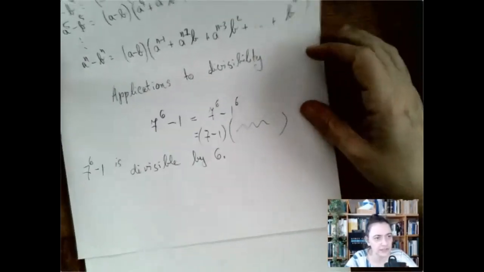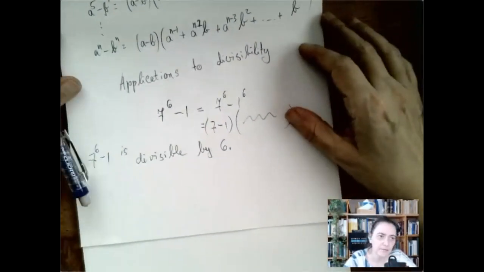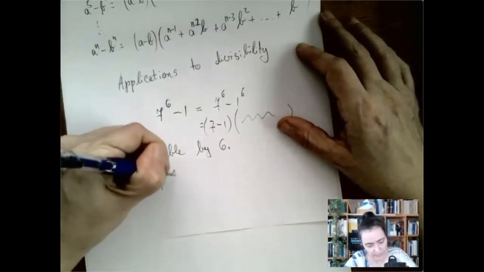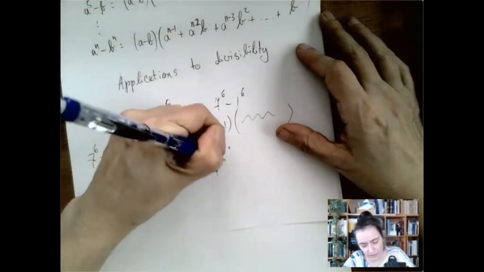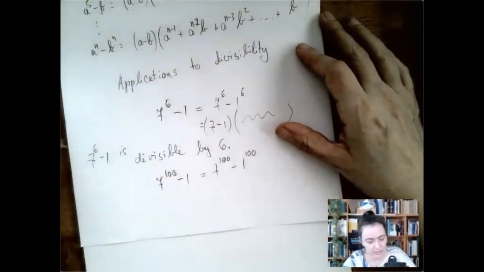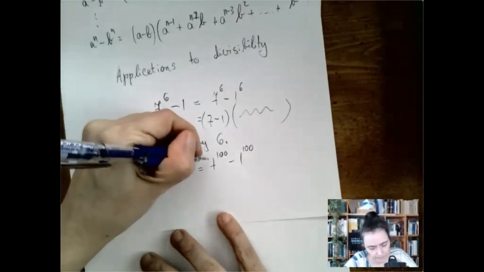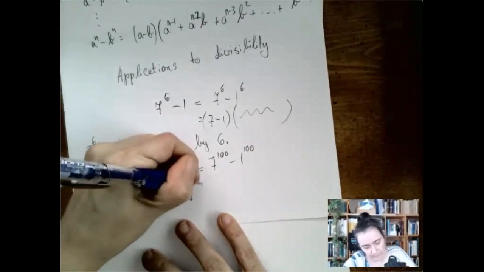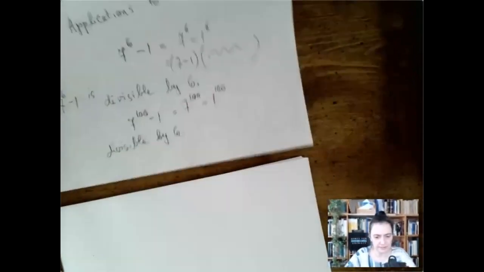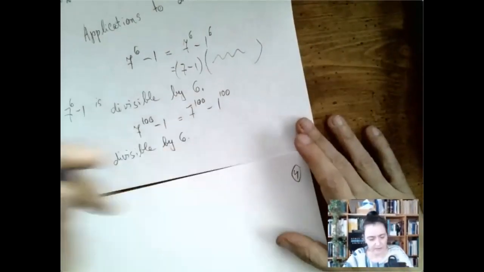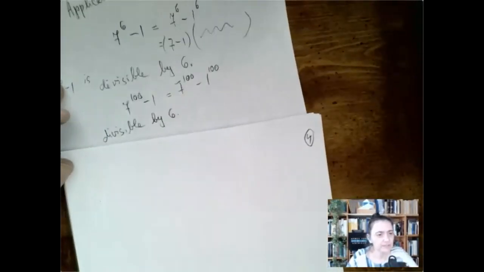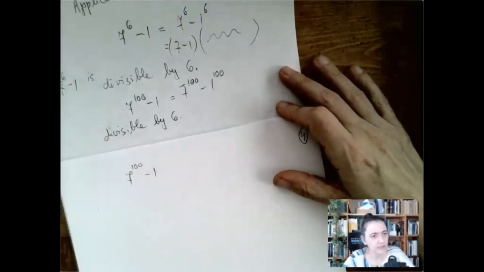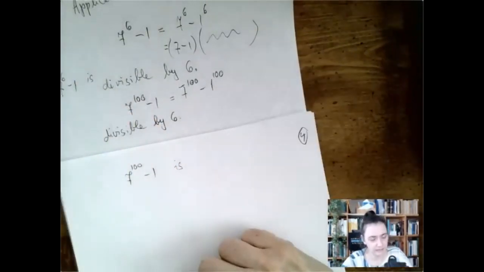That's not so earth-shattering, but actually, let me take it up a notch. Let's do 7 to the 100 minus 1, which is 7 to the 100 minus 1 to the 100, divisible by 6, clearly. But what if I told you that 7 to the 100 minus 1 is also divisible by 48?